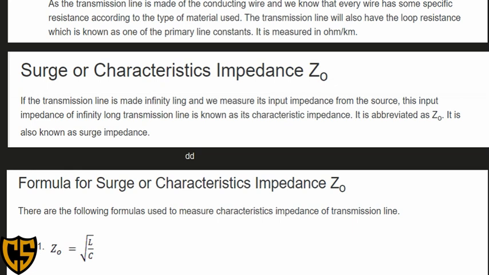So the transmission characteristics of the line are determined based on what we discussed earlier, which are the primary electrical constants, the four of them. And we also have your characteristic impedance, your ZO, which is the surge impedance or characteristic impedance, and we have your propagation constant.